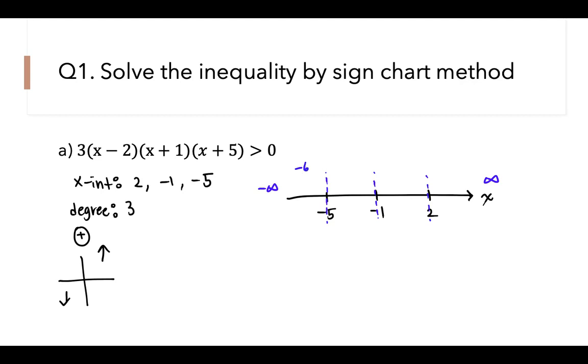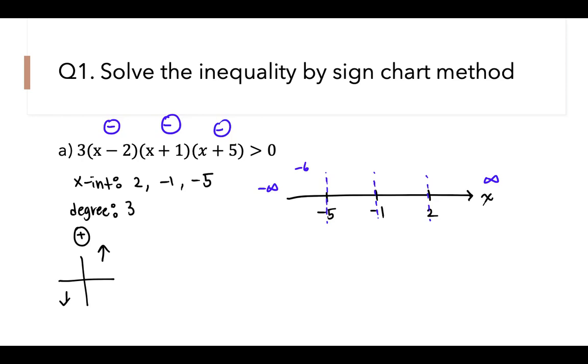I'm going to plug in -6 into the expression, and all I care about is the sign. 3 is positive, -6 minus 2 is going to be negative, -6 plus 1 is still going to give me negative, and then -6 plus 5 is going to give me negative.